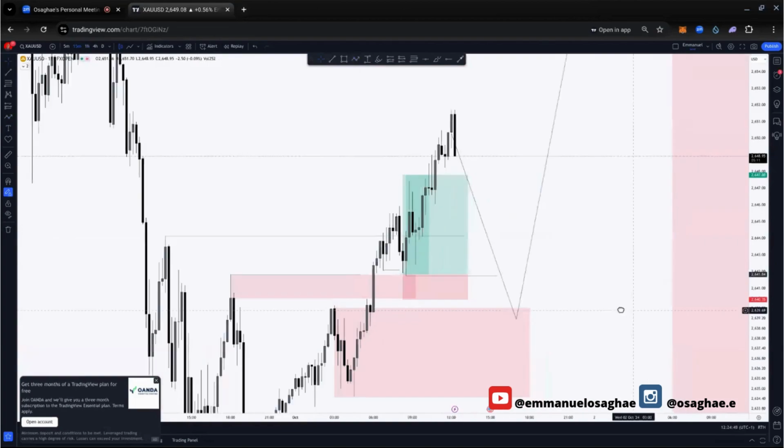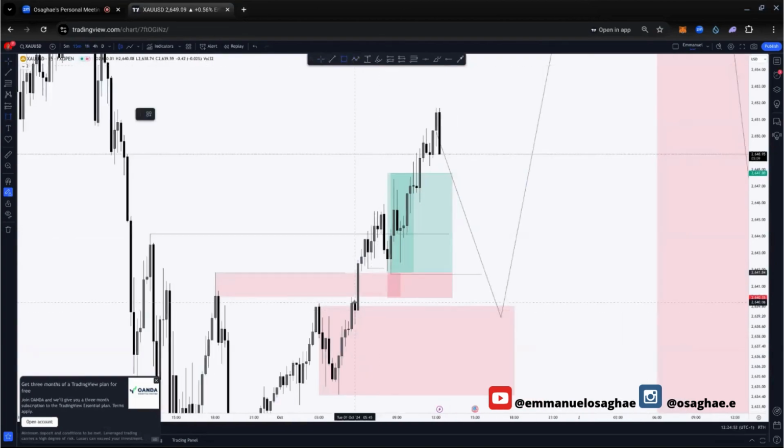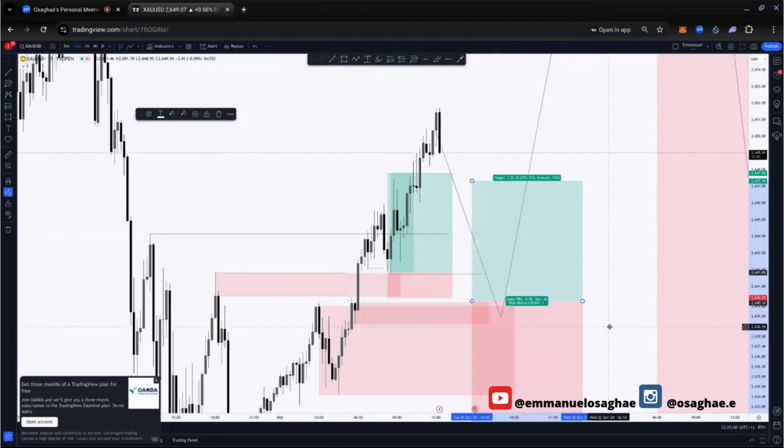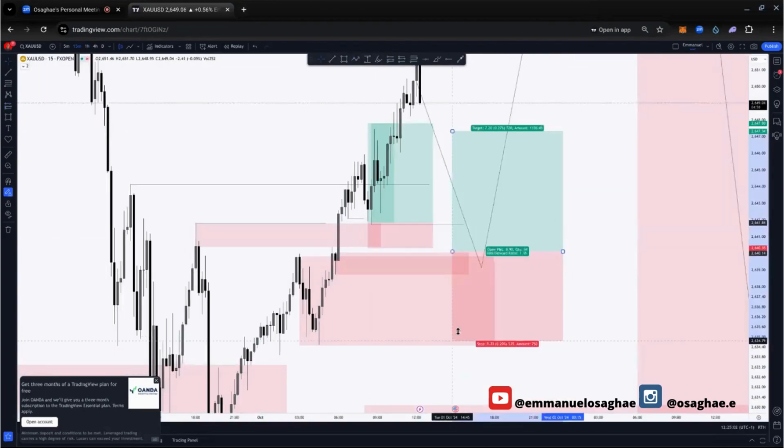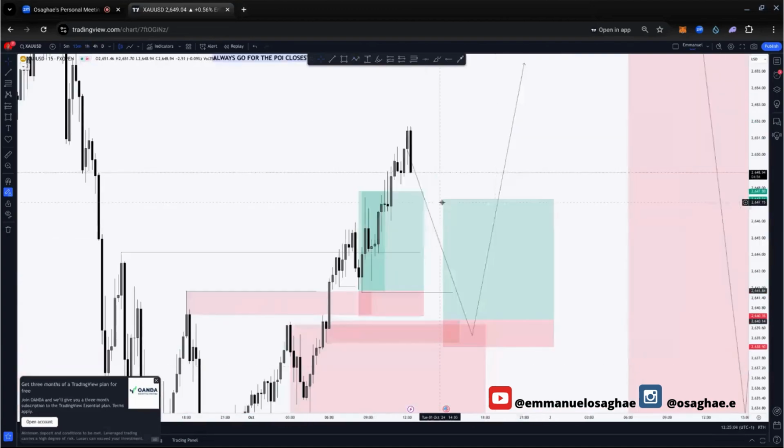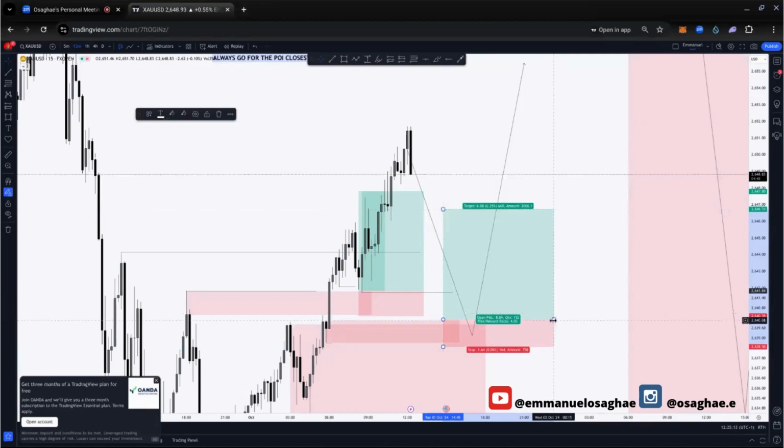First of all, I can fixate my first buys from this level of demand here. You can have buys here, entry, stop loss below here, and go to the upside with 1 to 4 risk to reward. Just like so.